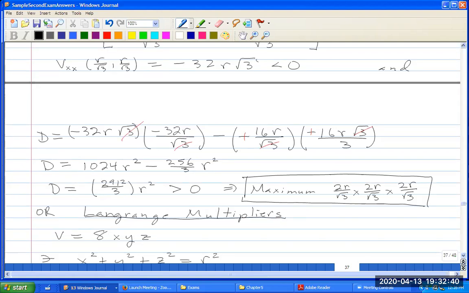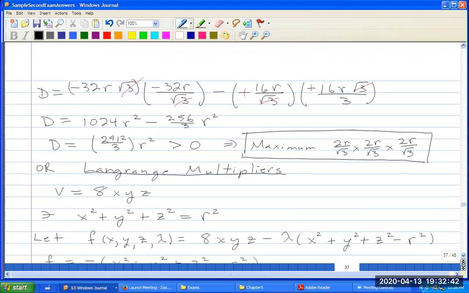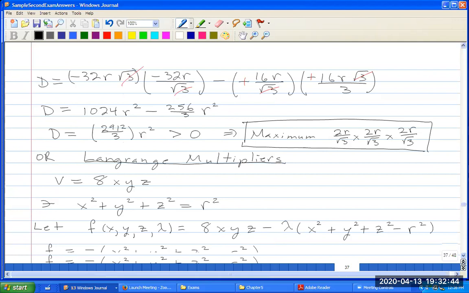Okay, so suppose I wanted to do Lagrange multipliers. So again, we're maximizing the same quantity. We're maximizing V equals 8xyz, subject to the same condition, x squared plus y squared plus z squared equals r squared. So let's subtract r squared from both sides.